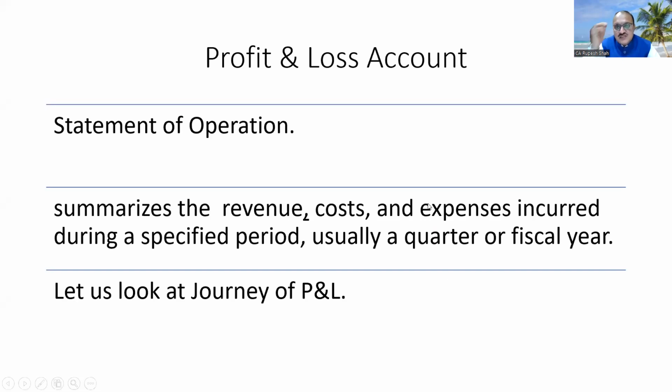What are the different types of financial statements, right? If you really look, financial statements are broadly divided into three parts: P&L account, balance sheet, and the cash flow statement. The P&L account is also known as the statement of operations, right?